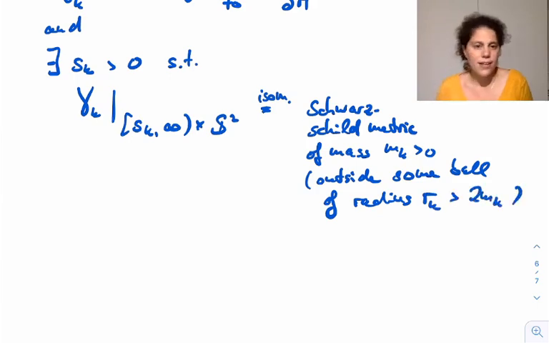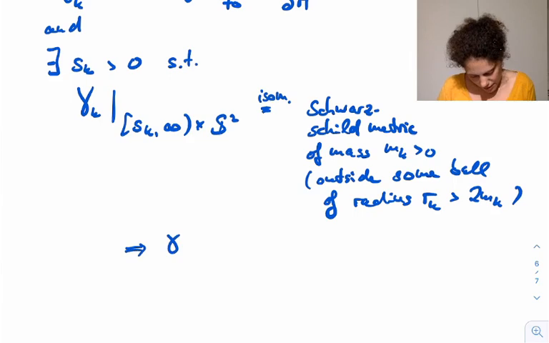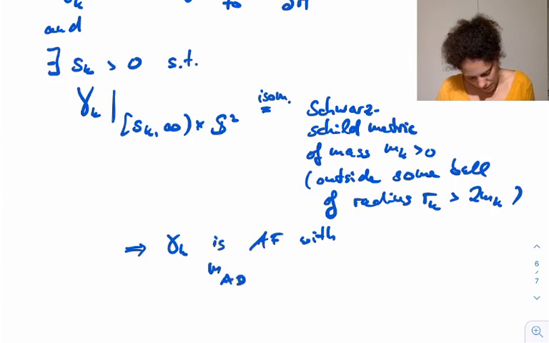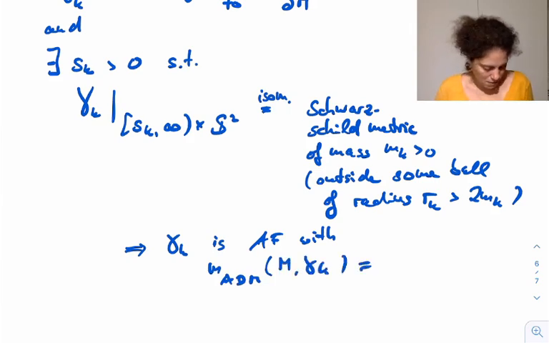So we're really inside the bulk of the Schwarzschild manifold. And this implies, as we discussed before, that gamma k is asymptotically flat with the mass of gamma k being mk.